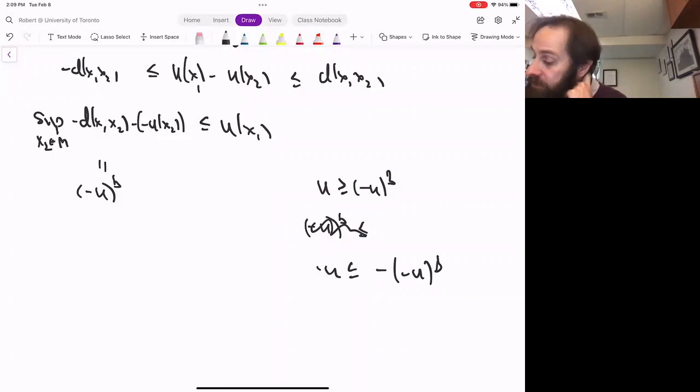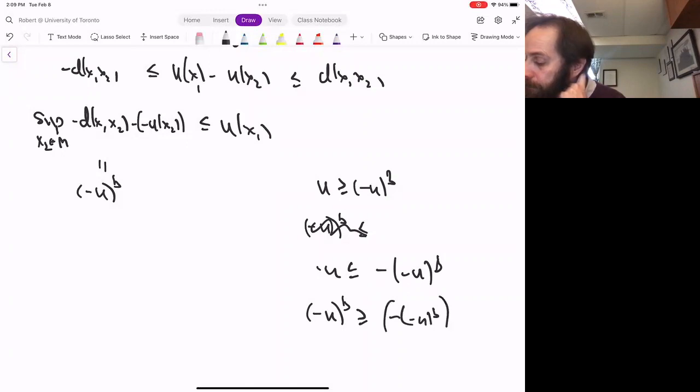And if I b transform that, since b transforming inverts the signs, I'll get the b transform of minus U is bigger than... give me a minute.